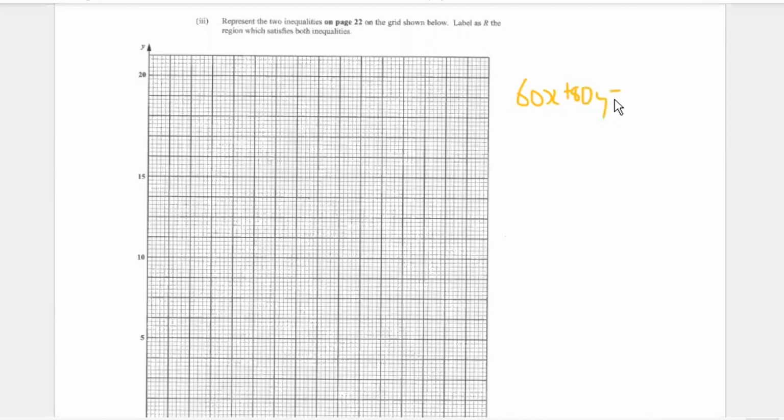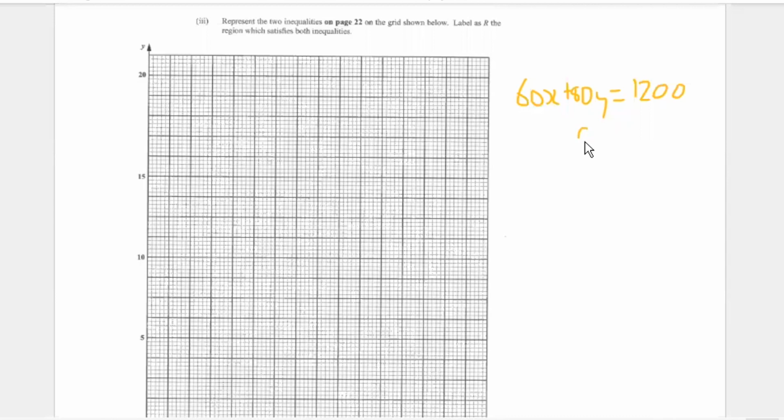Equal to 1200. So what we're going to do is check in both instances what our X or Y value is when the other is 0. For example, what is our Y value when X is 0? When X is 0, 60 times 0 gives us 0.